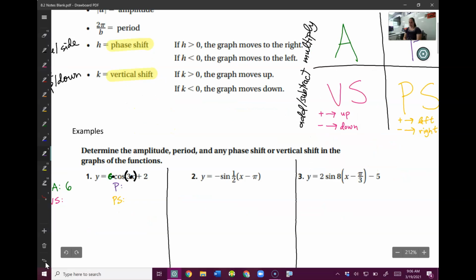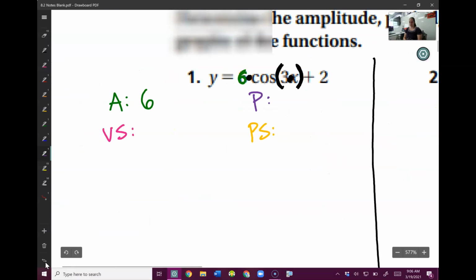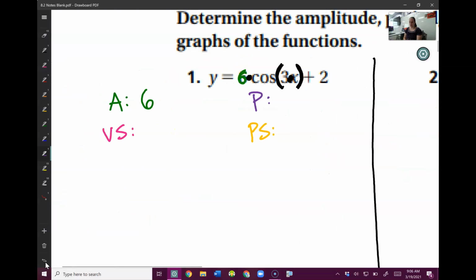So I'm going to go inside my parentheses and look at what is multiplying on the inside. Well, that's 3. But be careful. Remember, period is always 2 pi divided by that number, which doesn't simplify. So it's just going to be 2 pi thirds.